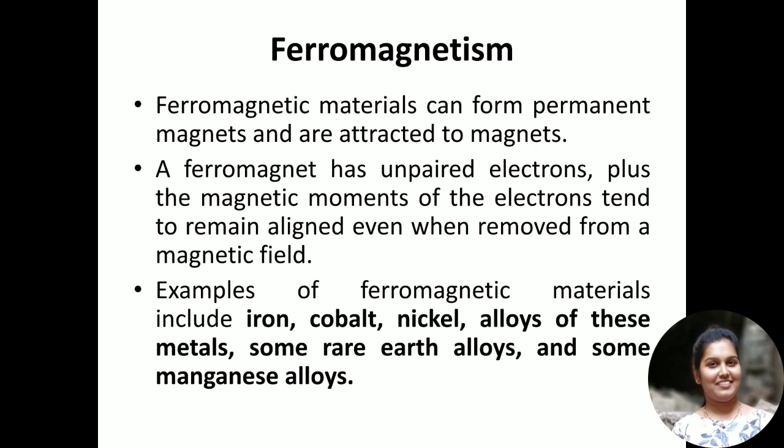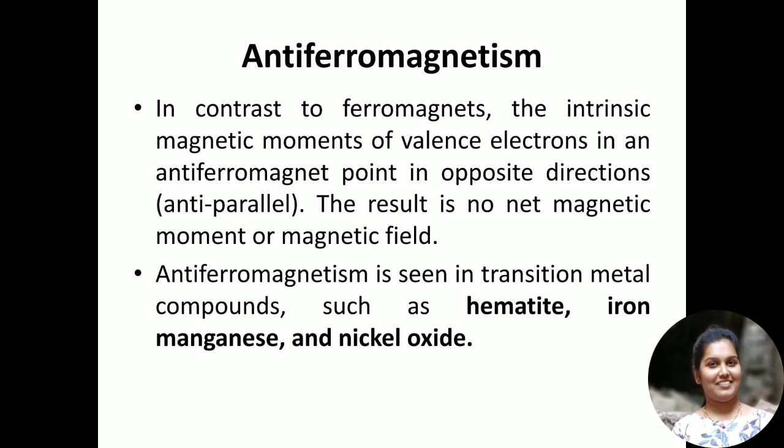The next kind of magnetism is antiferromagnetism. In contrast to ferromagnets, the intrinsic magnetic moments of valence electrons in an antiferromagnet point in opposite directions, that is, antiparallel.